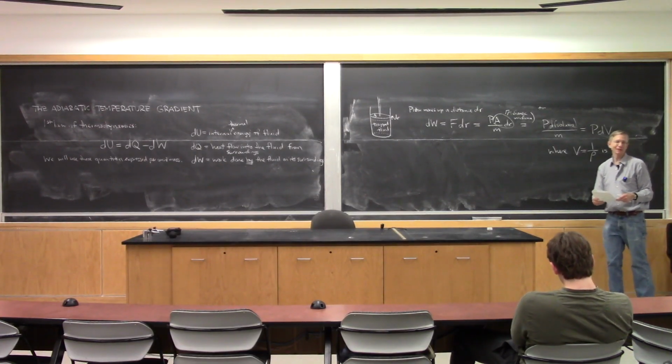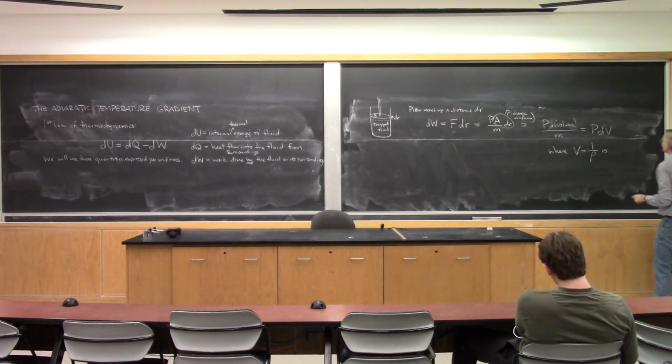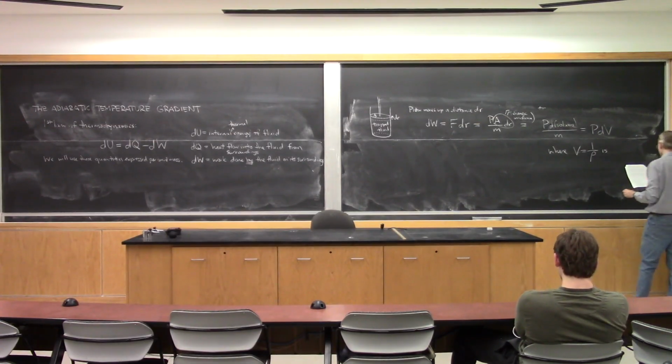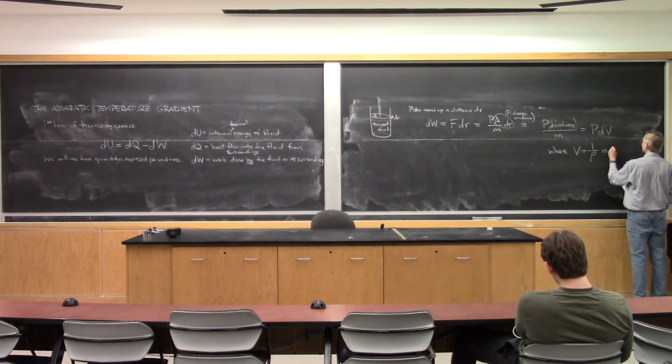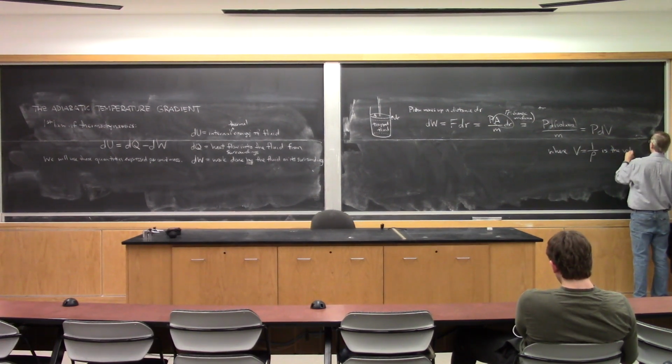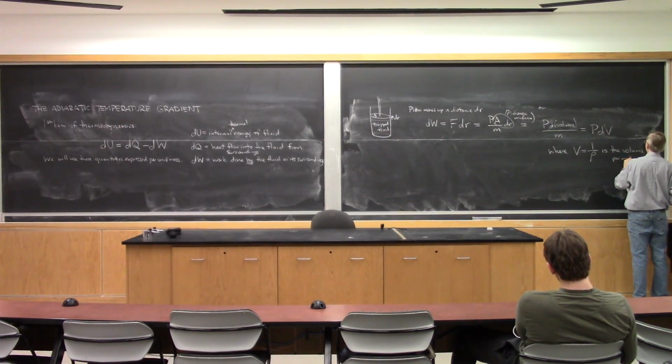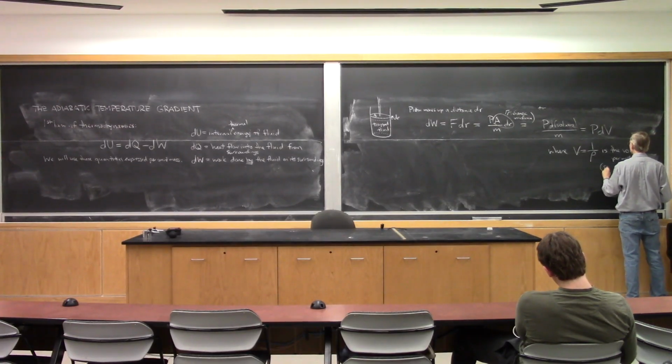She too will learn to love everything per unit mass here. Where V equals 1 over rho is the volume per unit mass, also known as the specific volume.